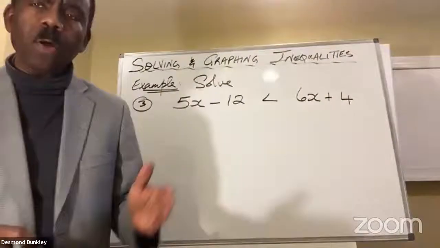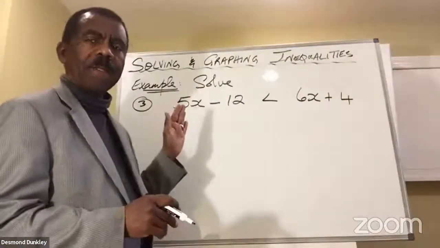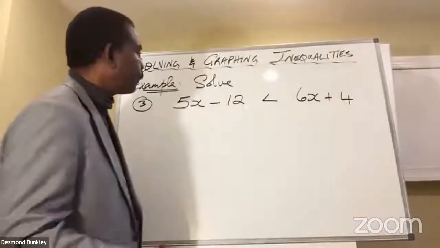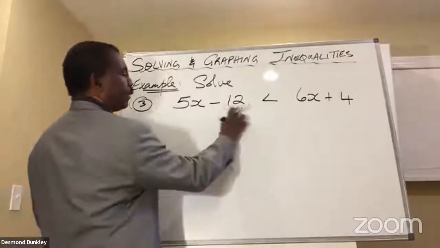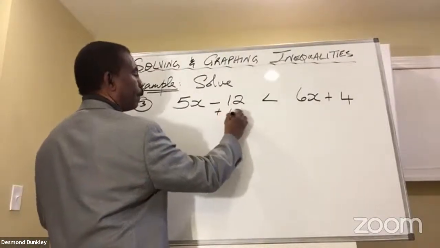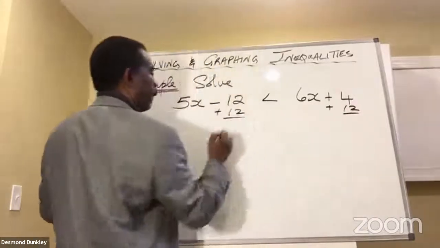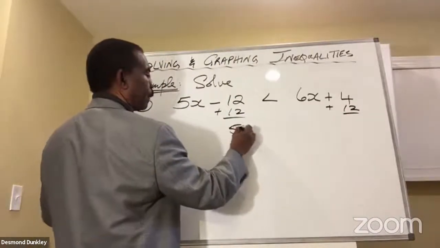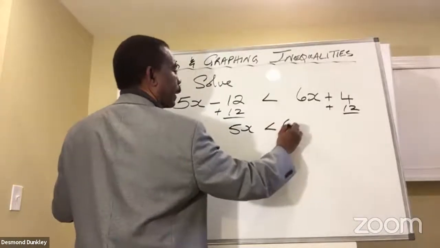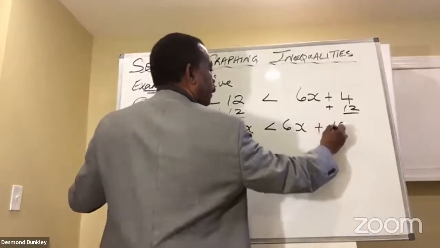As always, you want to get x on the left and your constants on the right. So let's get rid of this negative 12 by adding 12. We end up with 5x less than 6x plus 16.